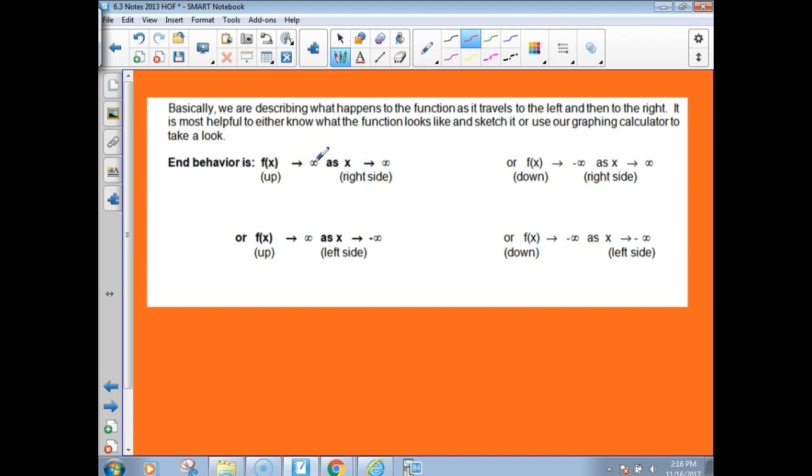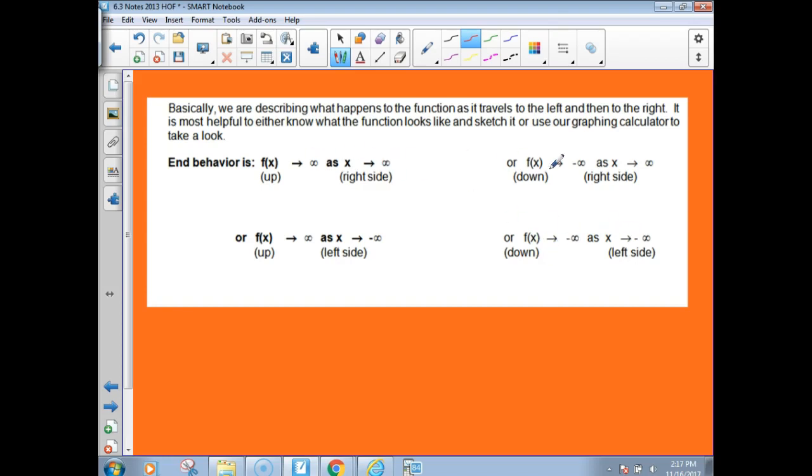As f of x approaches infinity, that would mean the graph is pointing up on the right side. This would mean the graph is approaching negative infinity, meaning it is pointing down on the right side. This set down here is saying the graph is pointing up on the left, and this is saying the graph is pointing down on the left.